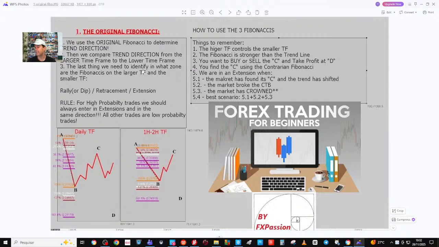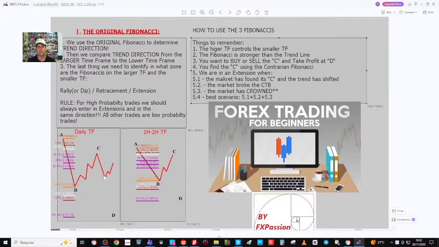Okay, in the meantime, the original Fibonacci: we use the original Fibonacci to determine trend direction. Number 2, we compare trend direction from the larger time frame to the lower time frame. And number 3, the last thing we need to identify is in what zone the Fibonacci's are on the larger time frame and the smaller time frame. Okay, from the pictures you have, the daily Fibonacci is down, you know it's ABC, right?